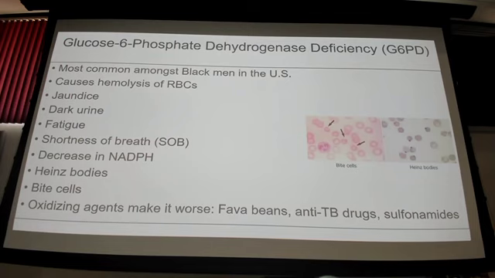NSAIDs, we're going to talk about this in the next slide too, but NSAIDs can be oxidizing agents, and so what that means is that they can potentially cause free radical buildup in the body.